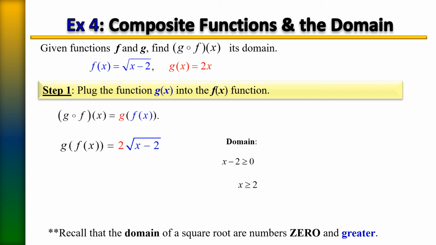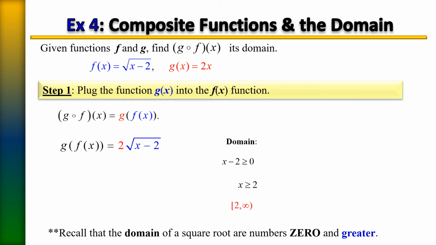We can only plug in numbers that are 2 or greater, because anything less would produce a negative under the radical, and then it would not be a real solution there.